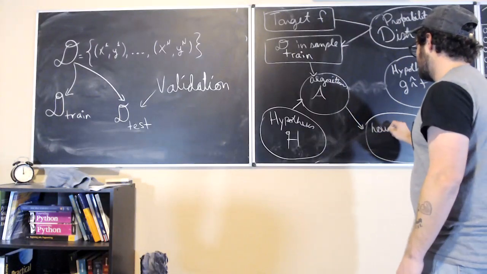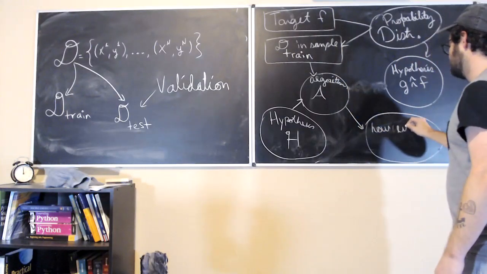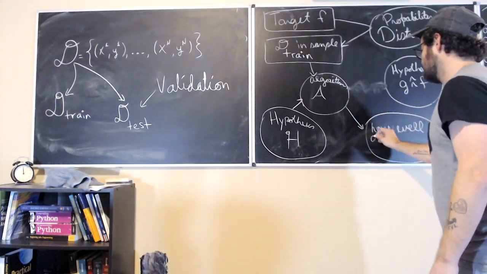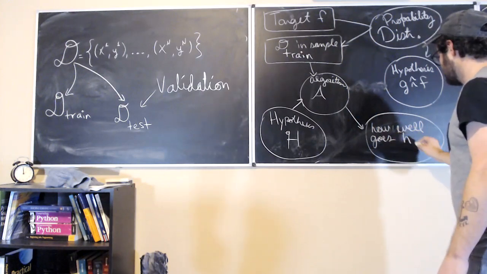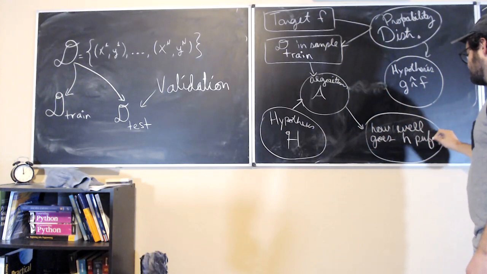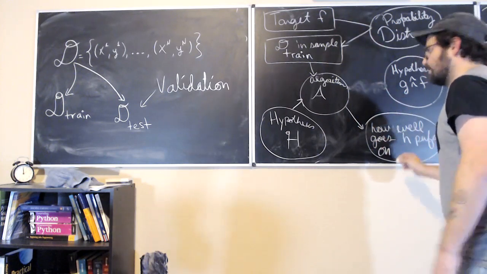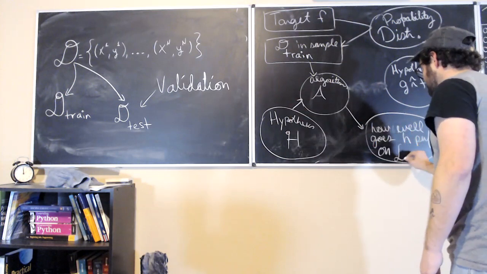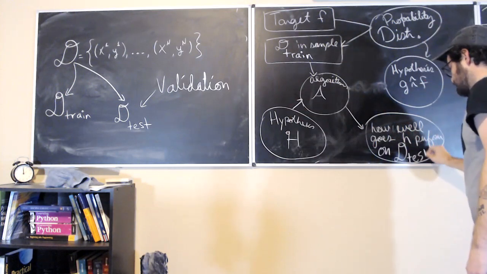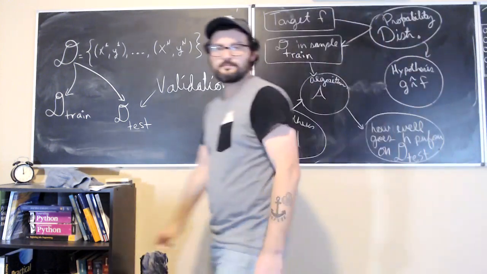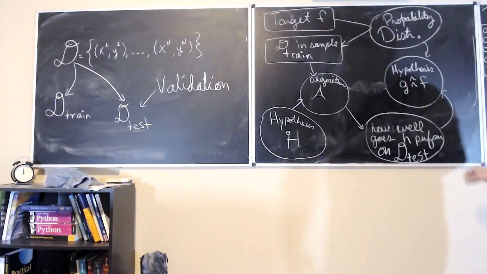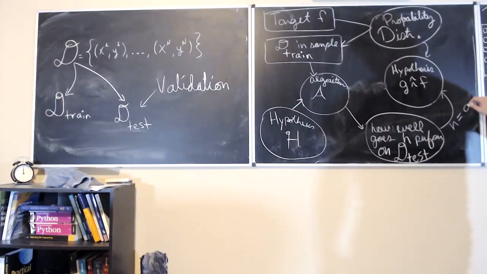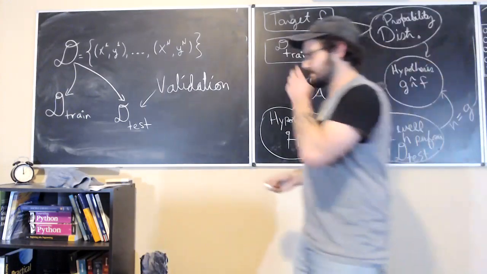We can ask ourselves how well does H, the one that we're considering, perform on the test data? If we're satisfied, then we can pass that in as our final hypothesis. The H that we tested becomes our G, and that's the one that we passed in.